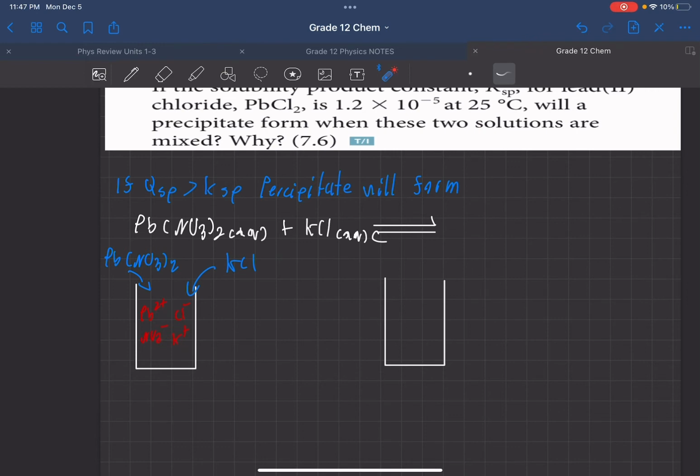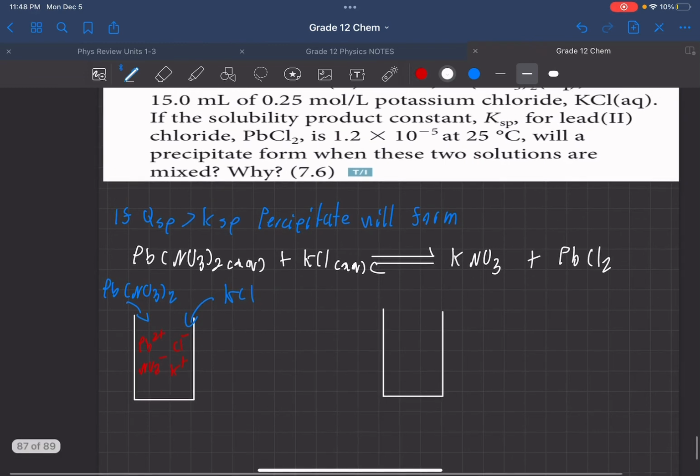So we'll form two new products, that being KNO3, potassium nitrate, plus PbCl2, lead 2 chloride.